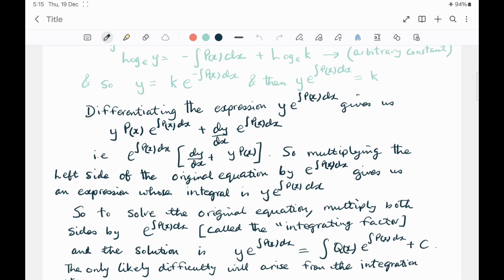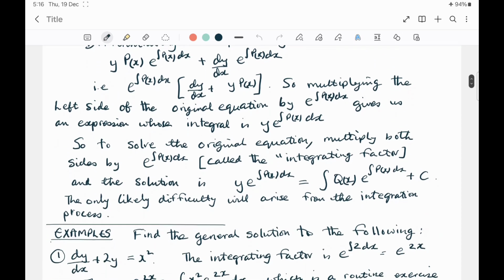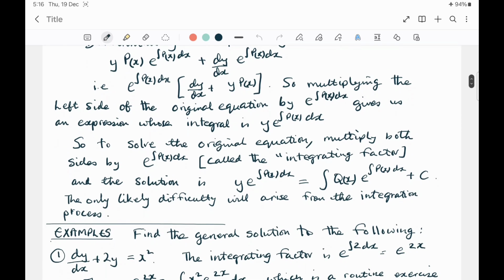So to solve the original equation, all we have to do is multiply both sides by e to the integral p of x dx, which is called the integrating factor, and the solution will be y e to the integral p of x dx equals the integral of the right-hand side of the original equation, which is q of x, multiplied by e to the integral p of x dx, and then plus your c.